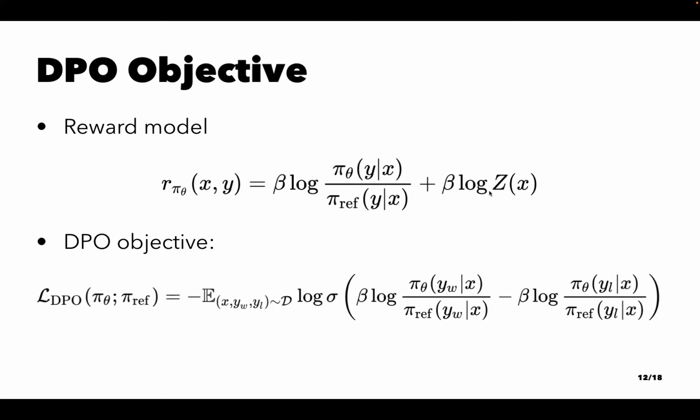But the nice thing is that the Z term cancels out. So we end up with this loss, which doesn't have the problematic Z term, and it's just simple log likelihoods of these ratios, where these ratios are the probabilities of the tokens that the winning and the losing completions give you, given the prompt X, with respect to the reference model.